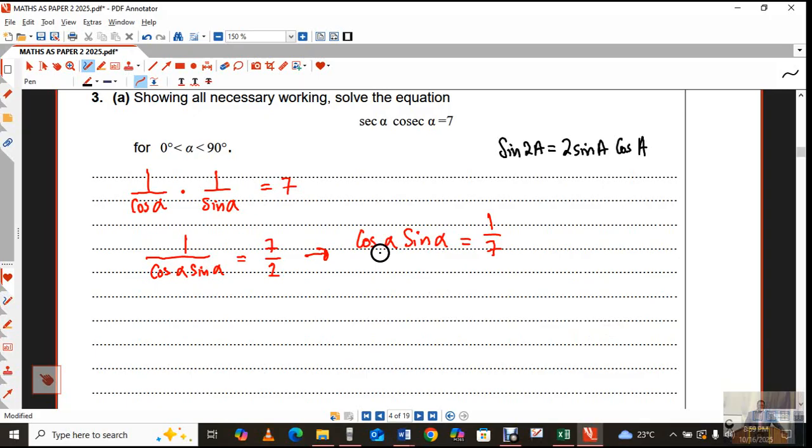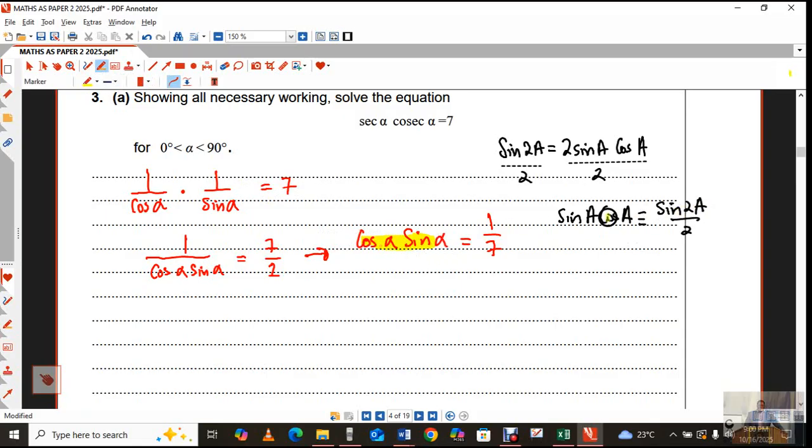I have cos alpha sine alpha, so can you see that? I need to get rid of this 2. So if I divide throughout by 2, if I divide here by 2 and I divide here by 2, this means that in this case sine alpha cos alpha is identical to sine of the double angle over 2, which is essentially what this is.